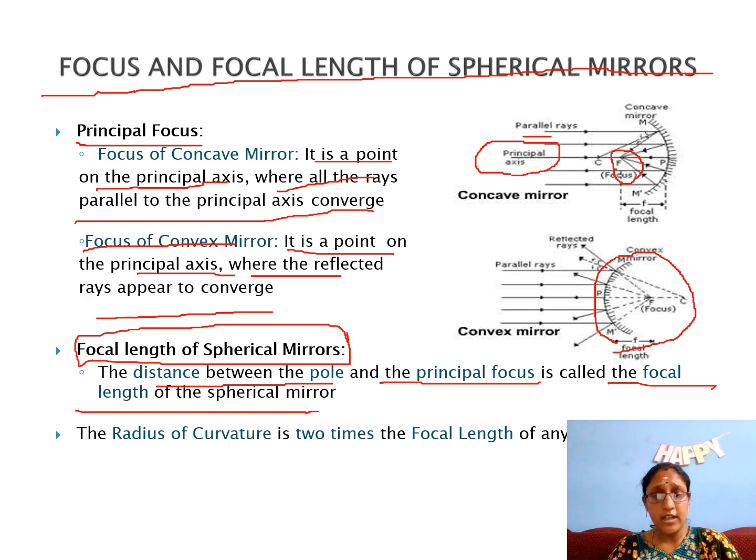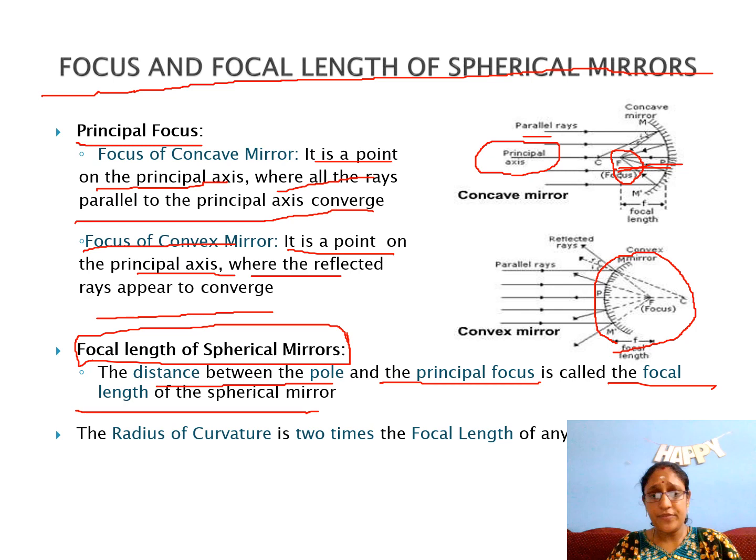Can you see the pole here? This is your pole, and this is the principal focus. That is your P and F. The distance between P and F is called the focal length of a spherical mirror.